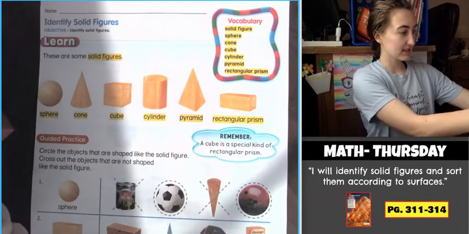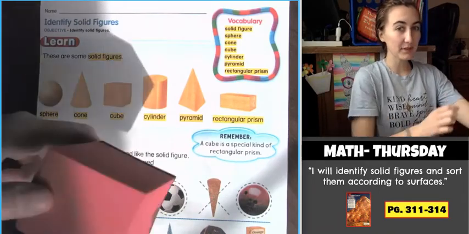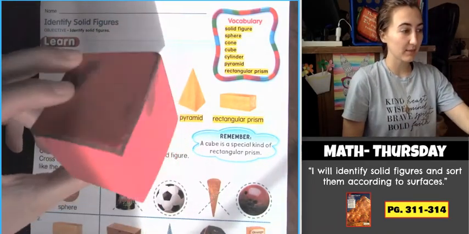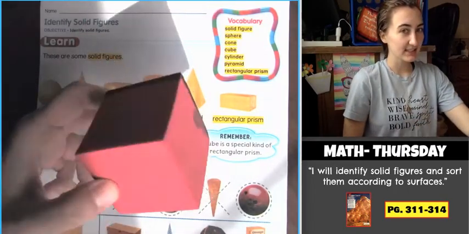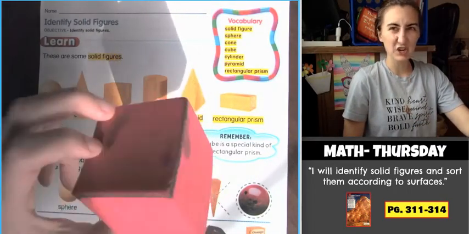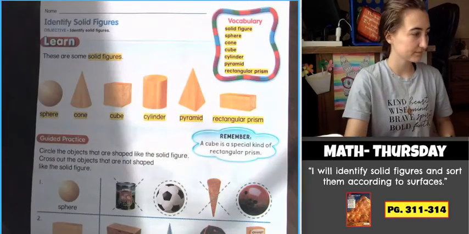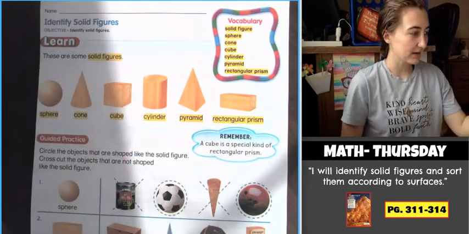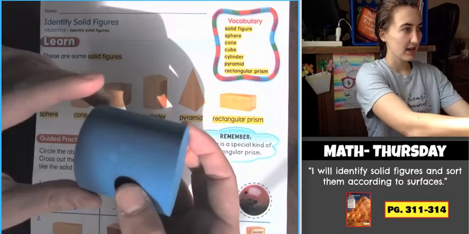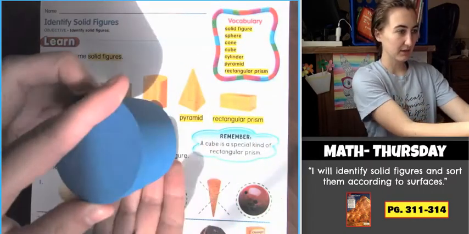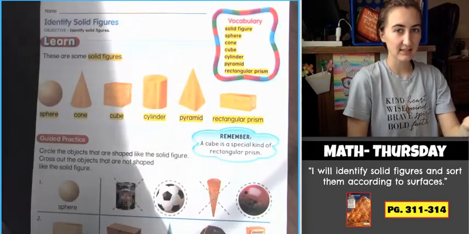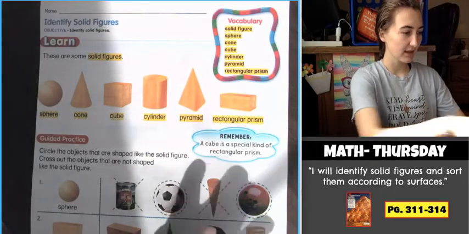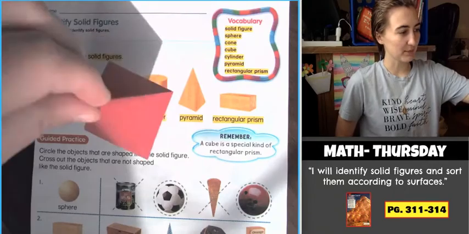Our next one is a cube. This is the one you're probably most familiar with. It has 6 flat sides. It's a cube, like a box. The next one up here is a cylinder. A cylinder is rounded, but also has 2 flat ends, faces. Our next one is a pyramid.